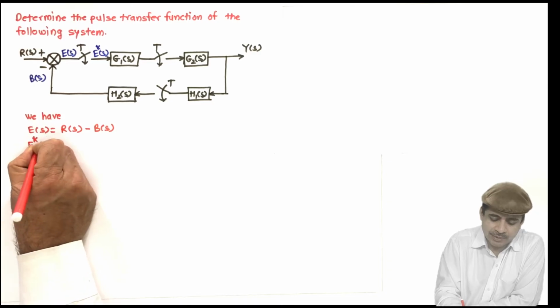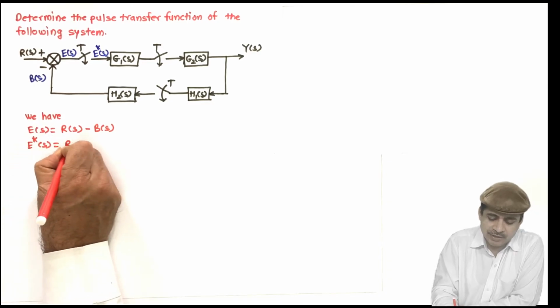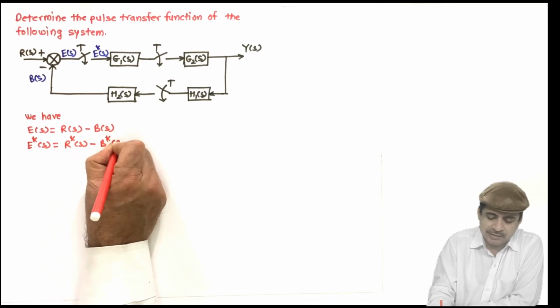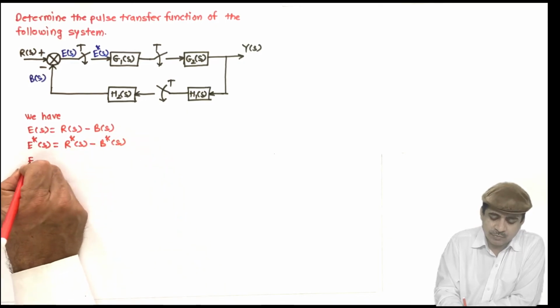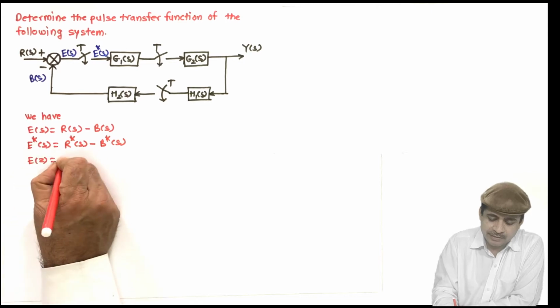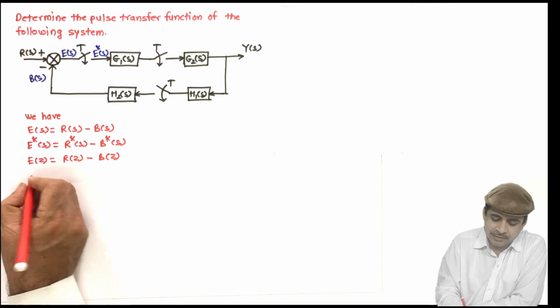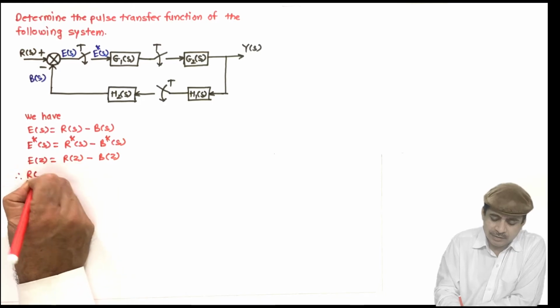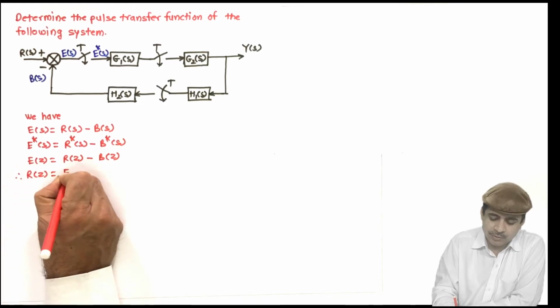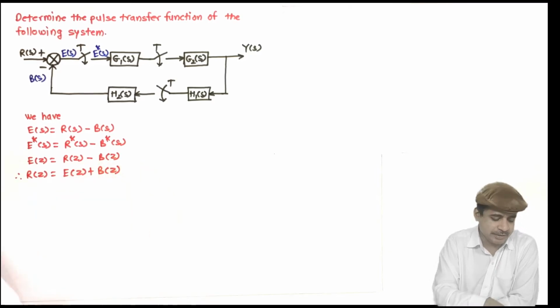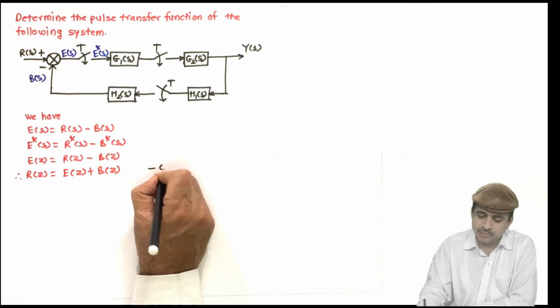So taking star Laplace transforms, E*(s) becomes R*(s) minus B*(s). Then taking the Z transform, we get E(z) equal to R(z) minus B(z). This gives me R(z) equal to E(z) plus B(z). Let this be equation number 1.